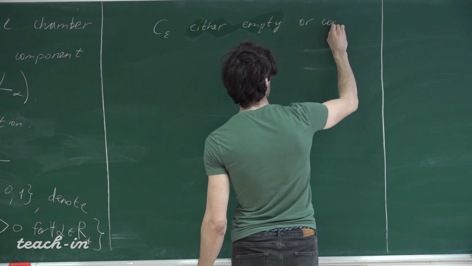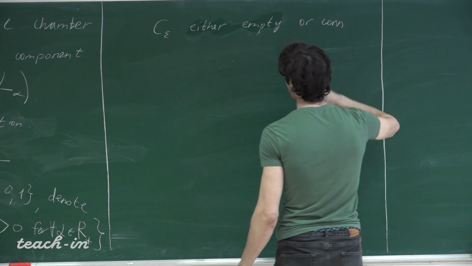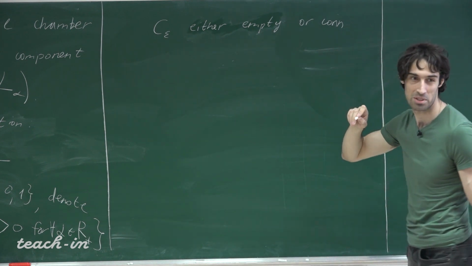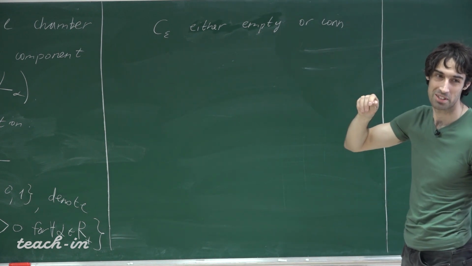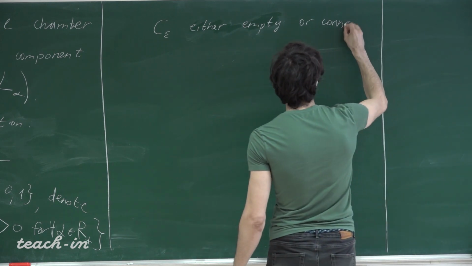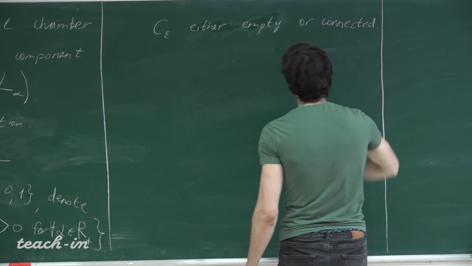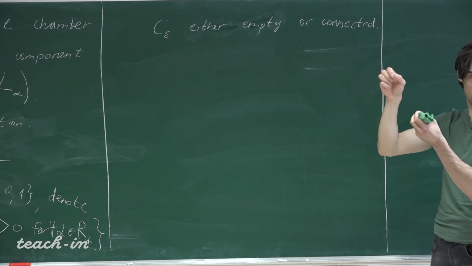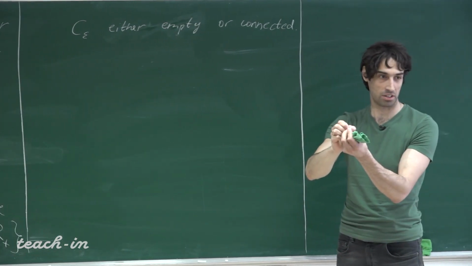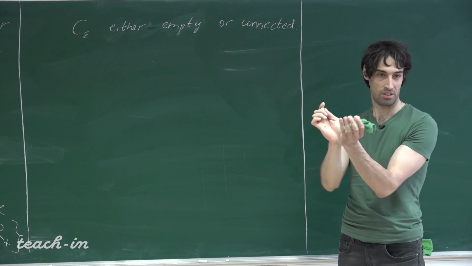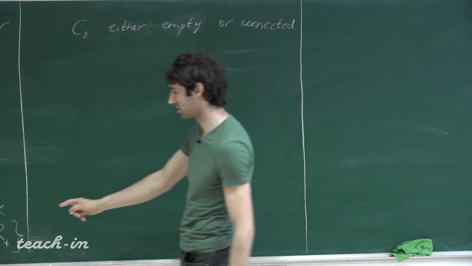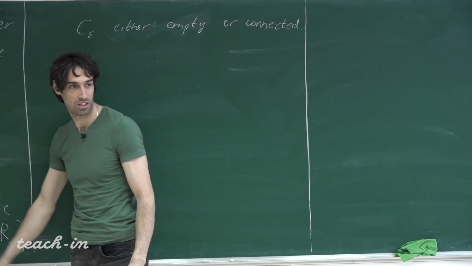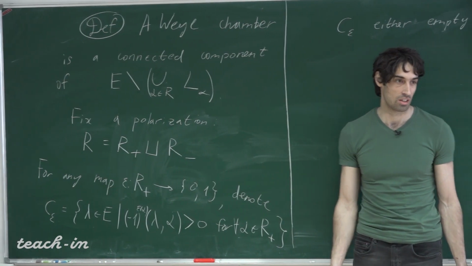I don't know what our convention on the empty set is, whether it's connected or not. For the empty set, there is nothing to check. But if it's not empty, if you take two points and connect them with a straight line, you can check that this straight line will lie inside such a set.